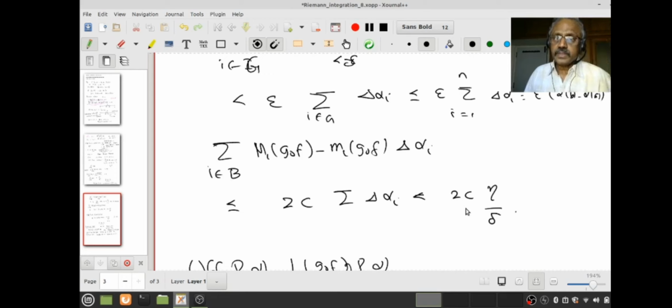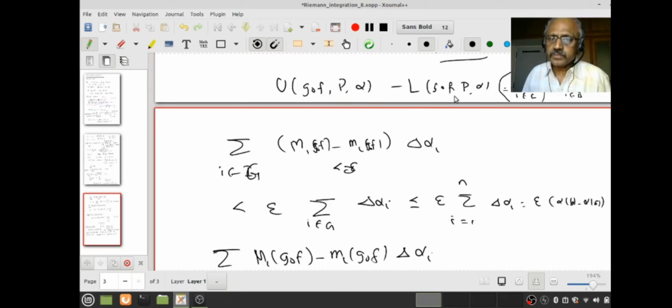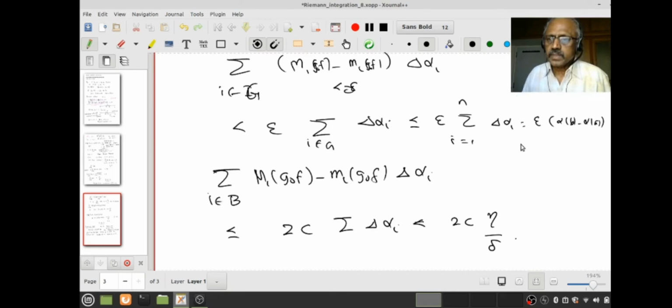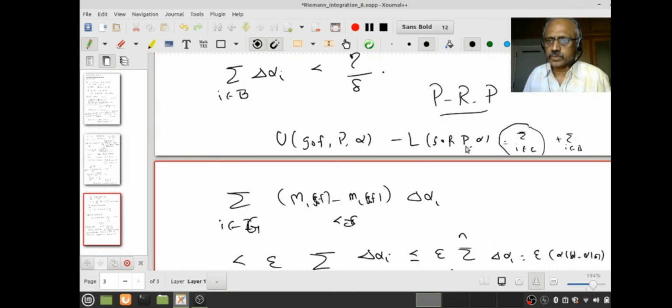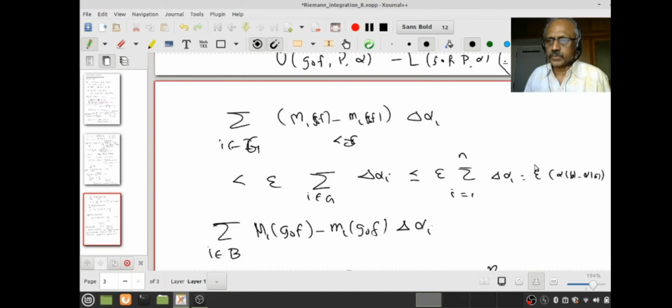Now let's go back. What did I do here? Here the estimate was epsilon into mod alpha b minus alpha a. You understand? For the good thing, what I want is the sum over the good thing to be less than epsilon by 2. So this should become epsilon by 2. So how will I write it?